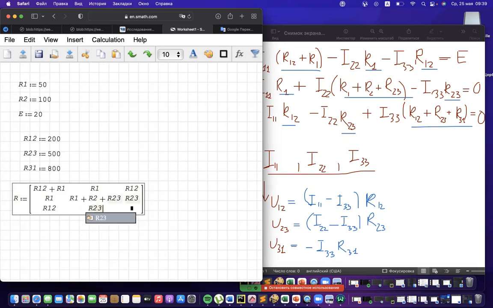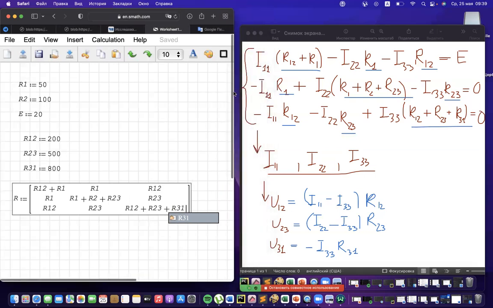R23, and R12 plus R23 plus R31. And an important thing, not to forget the signs, positive or negative, and put in minus in all the parts where you should have this minus.